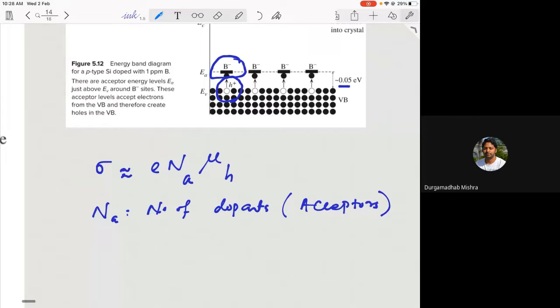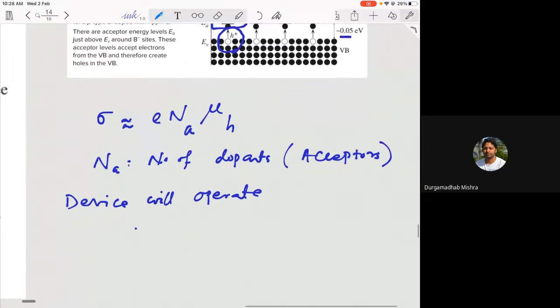And if you look at the temperature range of operation, you will have exactly the same picture. The device will operate when your temperature is less than Ti and greater than Ts, within which the number of holes, p, will be equal to N_A.